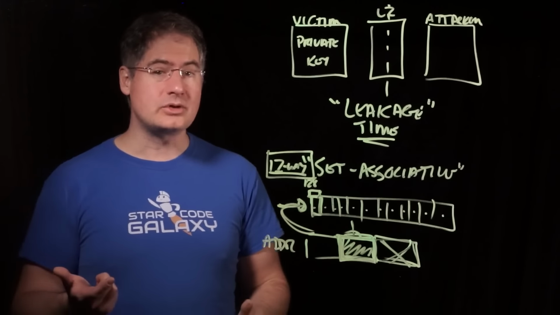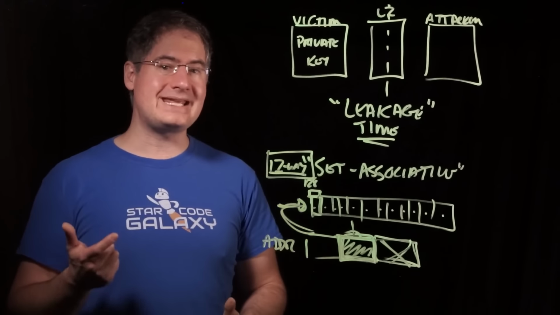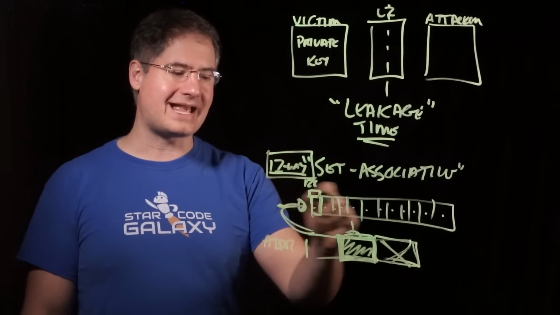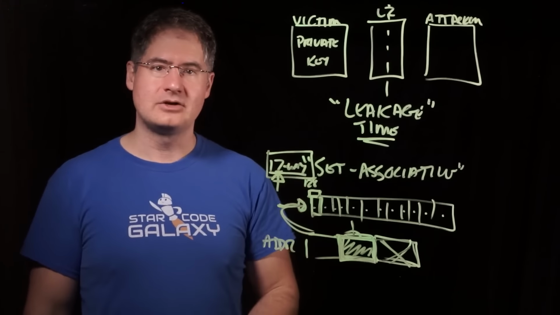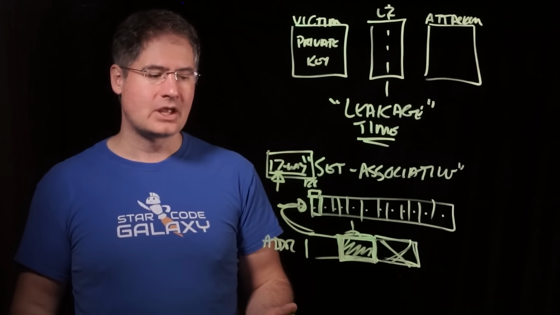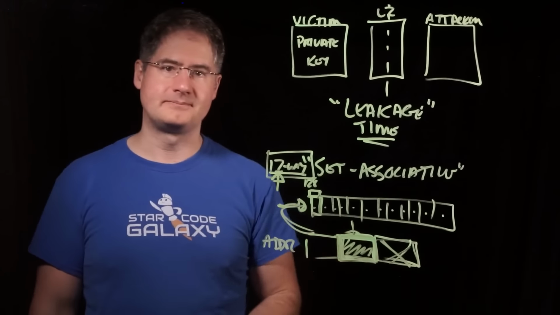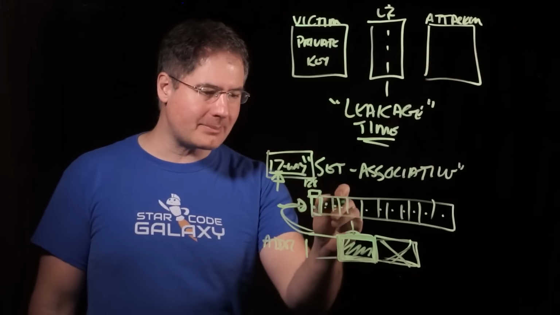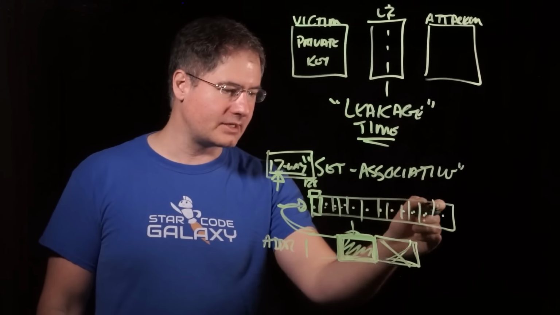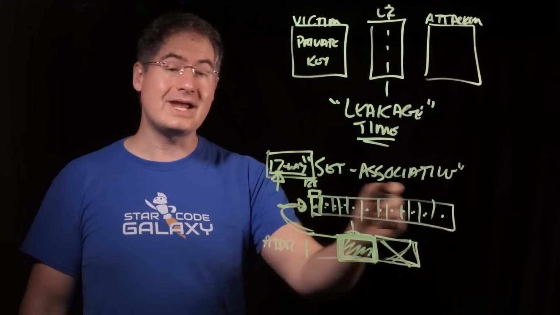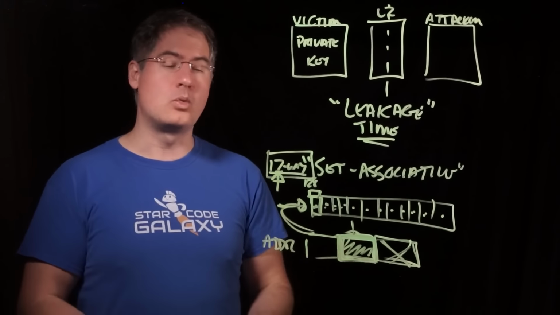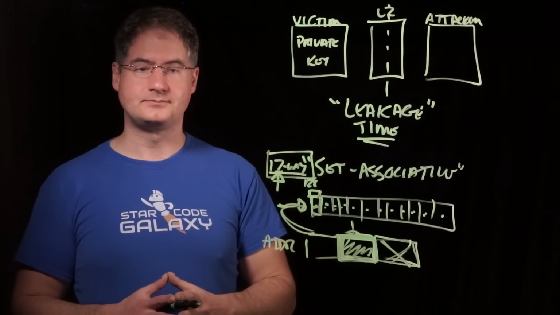And if they do, they can pretty easily control an entire cache set by just making sure that they look up more than 12 things with those same bytes. And then they will fill up that entire set, each way in the set, with data that they have placed there.